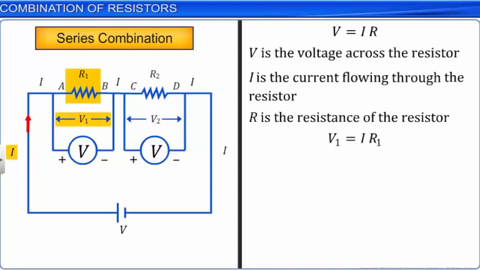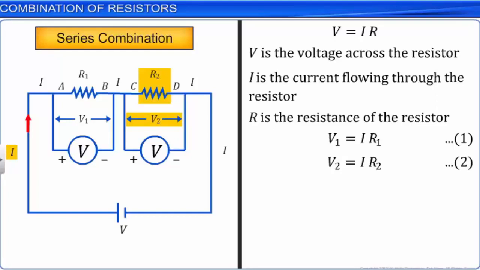The potential difference across R2 is V2 is equal to I into R2. Let this be equation 2. The potential difference V across A and D, that is, the series combination, can be written as V is equal to V1 plus V2. Let this be equation 3.